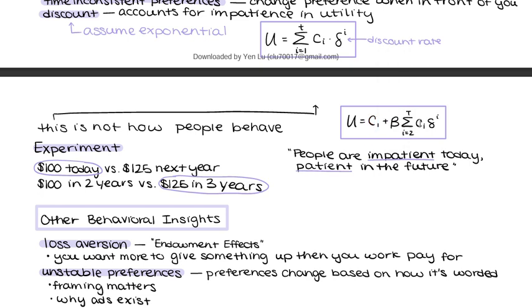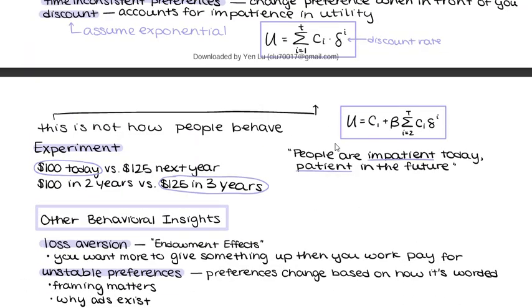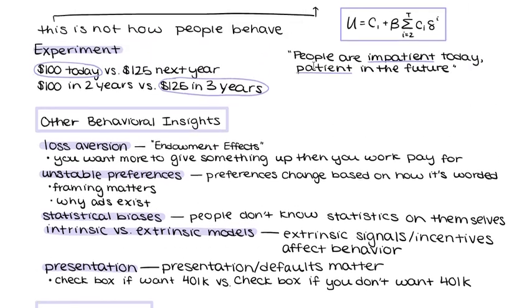And we add beta. Beta is usually just another variable that measures how patient we are in the future. Okay. So here is a very simple example of thinking about behavioral economics.